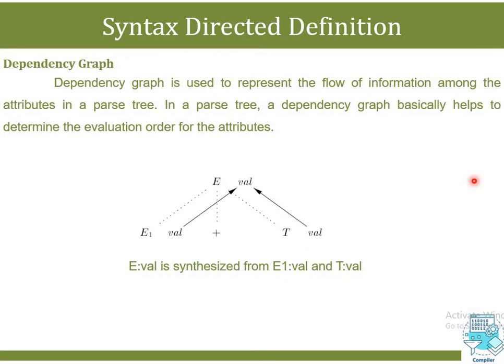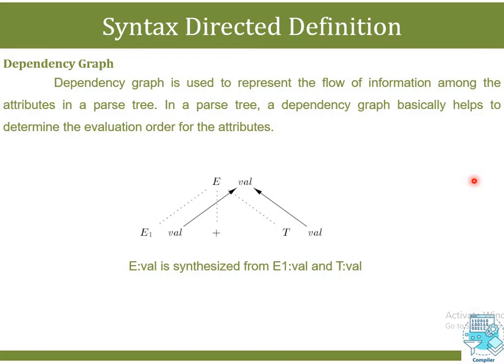Now in a dependency graph, we place an edge between two nodes. Let us be specific. I am placing a directed edge from node A to node B. Once you place an edge between node A and node B, it means that node B needs a value that node A has.